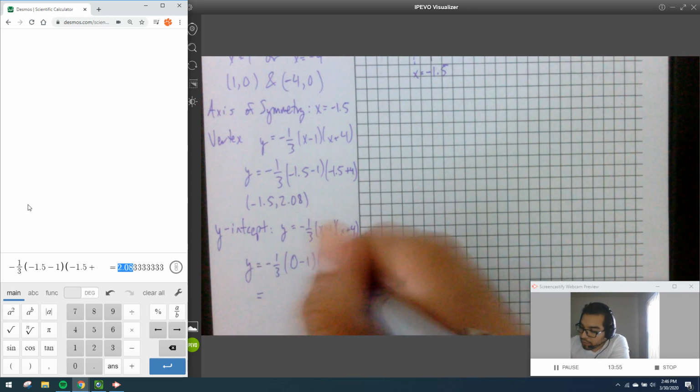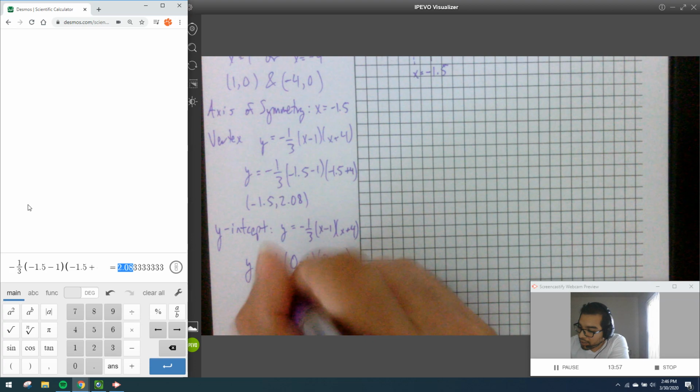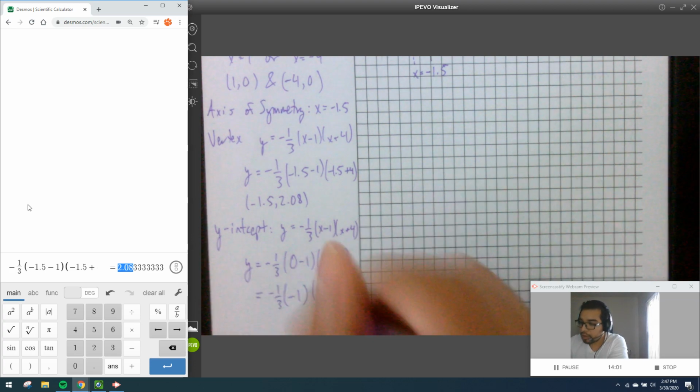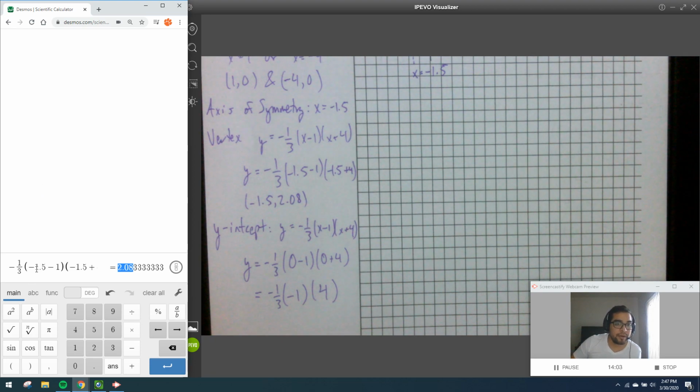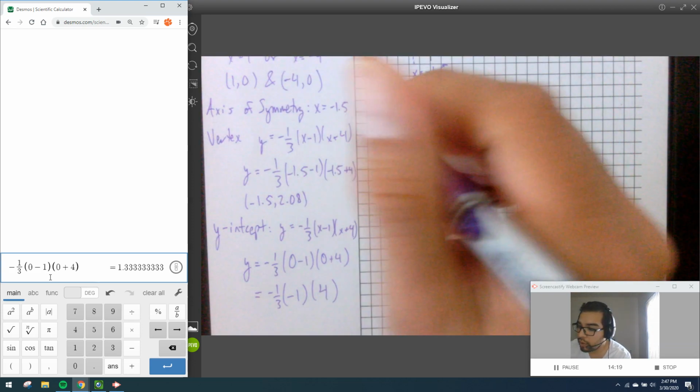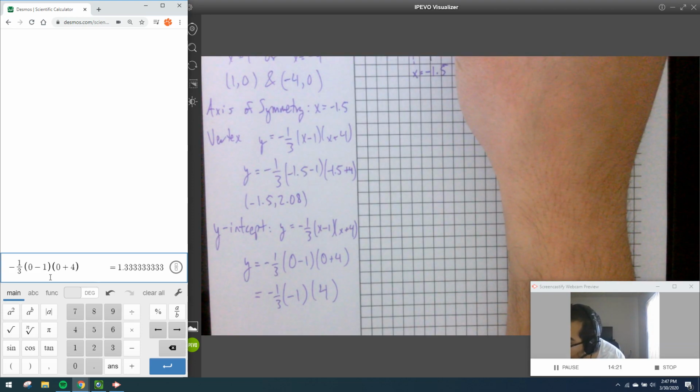All right, let's finish this up. What you can go ahead and do is just substitute in 0. Make sure you change it all, 0 here and 0 there. And we get 1.333, which is equivalent to 1 1/3, which is right there.